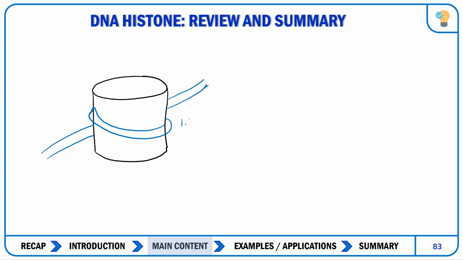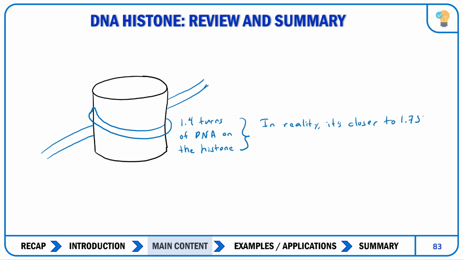So we know that there are 1.4 turns of DNA on the histone. In reality, it's actually closer to 1.75. So therefore, we're going to make a conclusion from this in a bit.